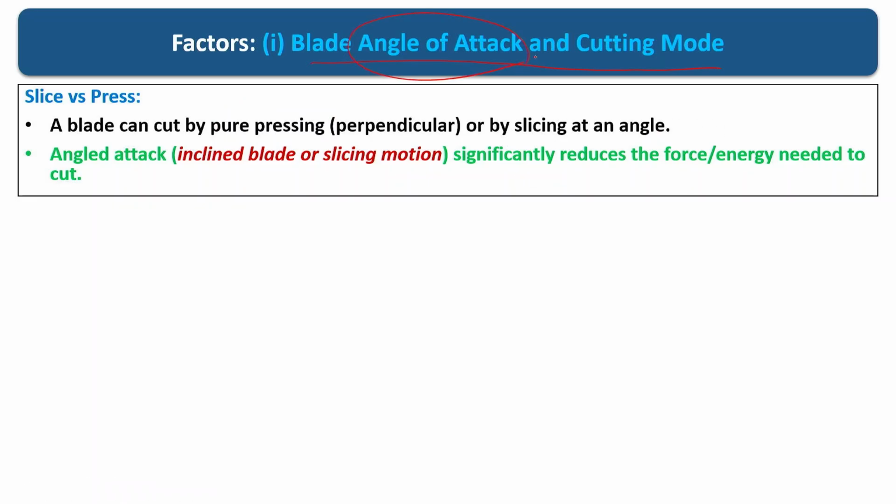Then angle of attack, that is an inclined blade or slicing motion, significantly reduces the cutting force or energy needed to cut. If we have a slicing motion, or if the angle of attack is different, with an inclined attack, then it significantly reduces the force or energy required to cut.